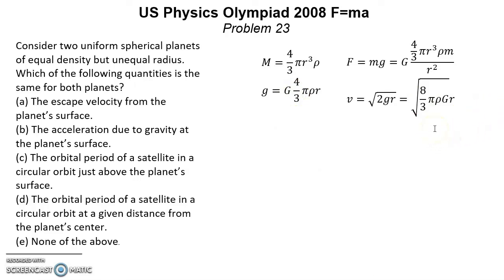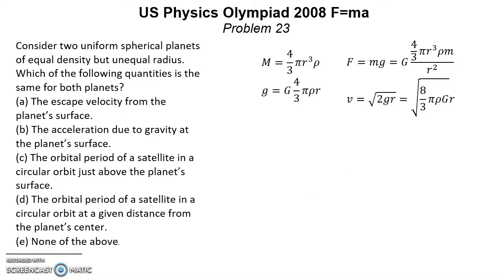Here we see that escape velocity is proportional to radius, so it means that it's not the same for both planets with different radii. Part B, the acceleration due to gravity at the planet's surface. We see that this is not true again, because this acceleration is proportional to radius.